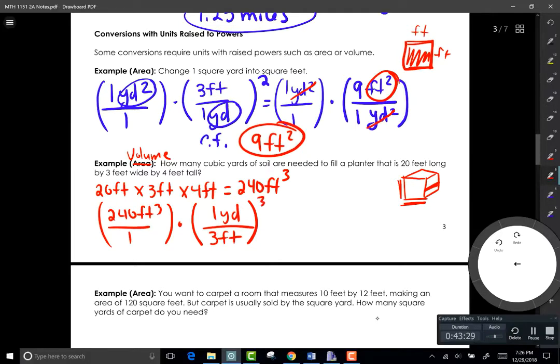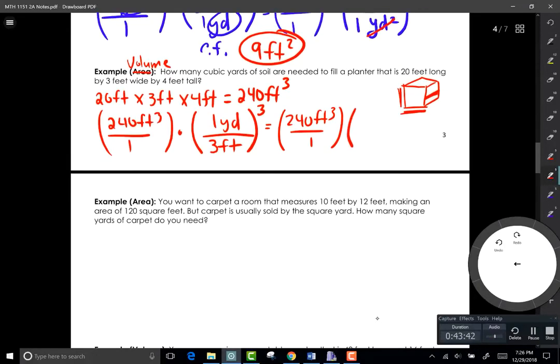So I'm going to cube all that. So this is the same thing as saying 240 feet cubed over 1 times 1 cubed is 1, yards cubed is yards cubed. Then on the bottom, I have 3 cubed, which is 27, right? 3 times 3 times 3, and then feet cubed.